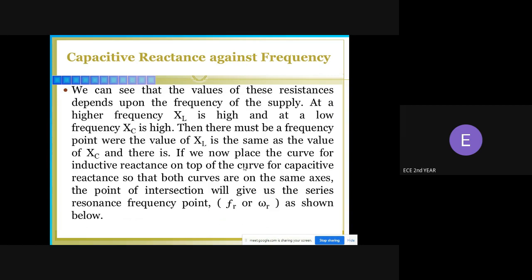We can see that the value of these reactances depends upon the frequency of the supply. At a higher frequency, XL is high, and at a lower frequency, XC is high. That is the inductive reactance and the capacitive reactance.